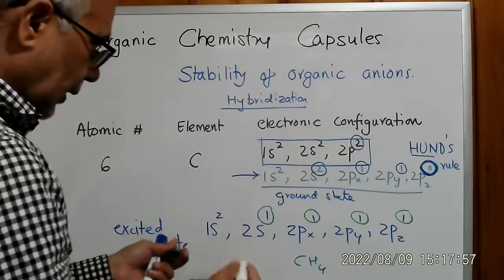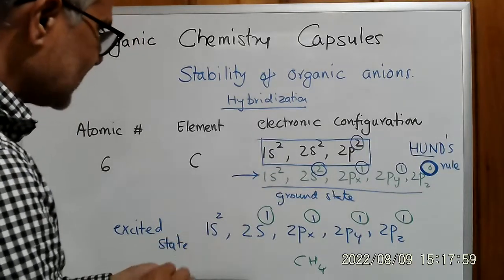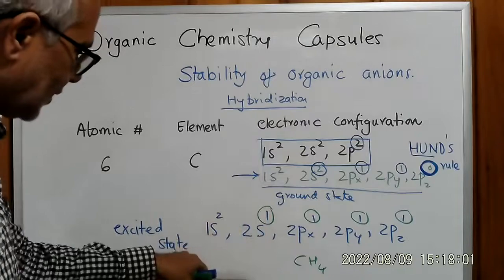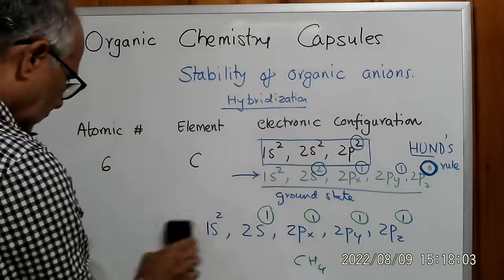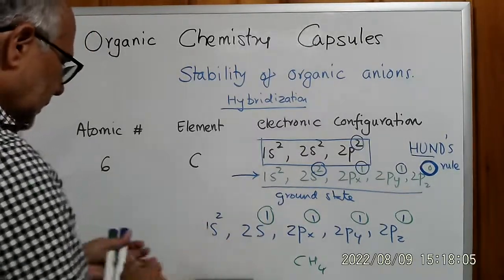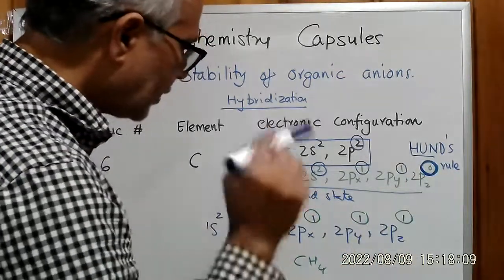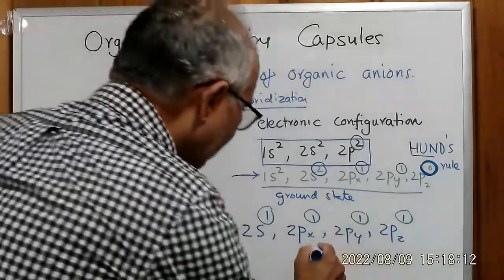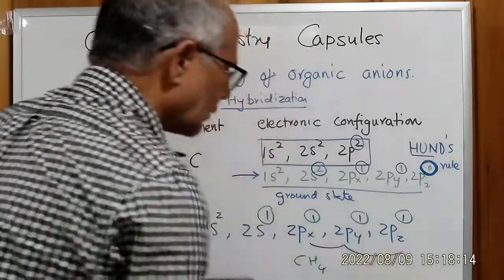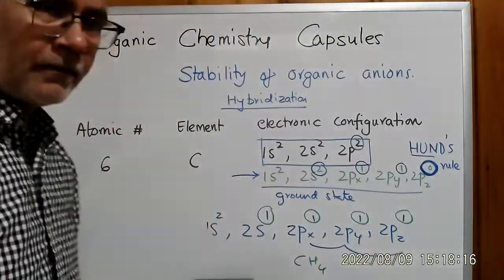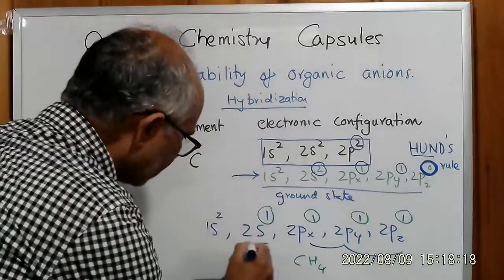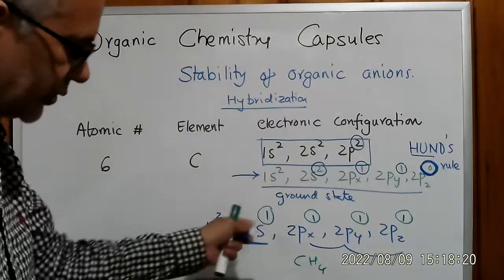Fine, but there's still something missing here. There are 4 unpaired electrons, but notice 3 of them are in the p orbitals and 1 is in the second shell s orbital.